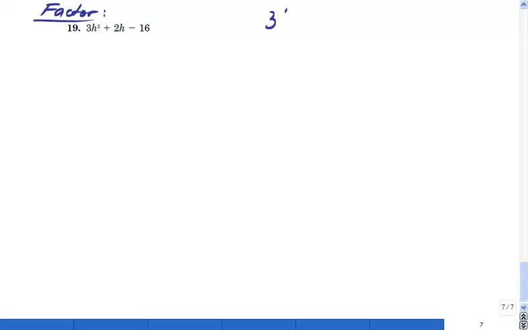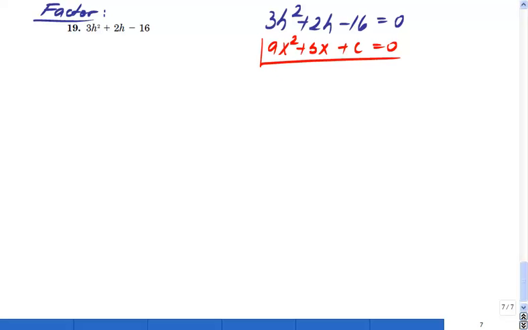If this 3h squared plus 2h minus 16 is an equation, a second degree equation, you remember that the standard form is ax squared plus bx plus c equals 0, right? If this is a quadratic equation, then you should identify your a, your b, and your c.